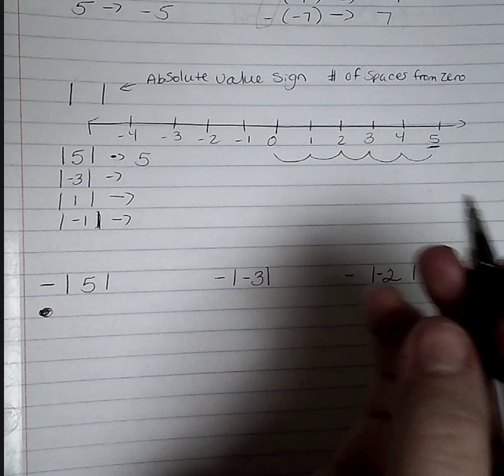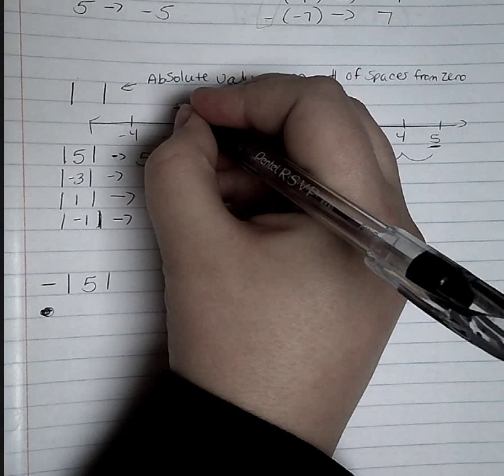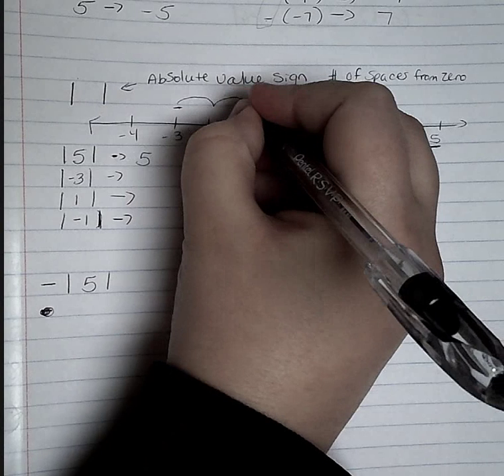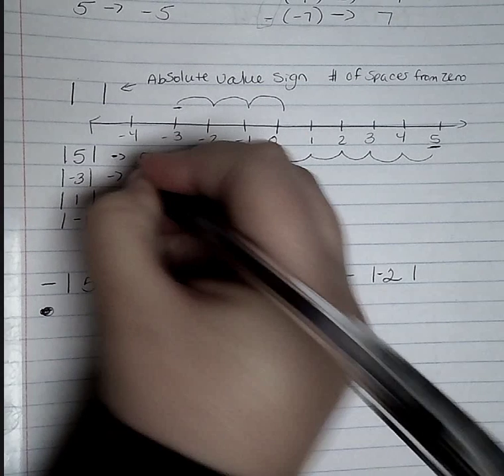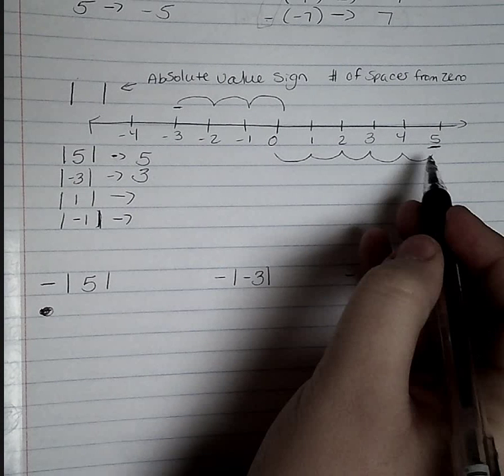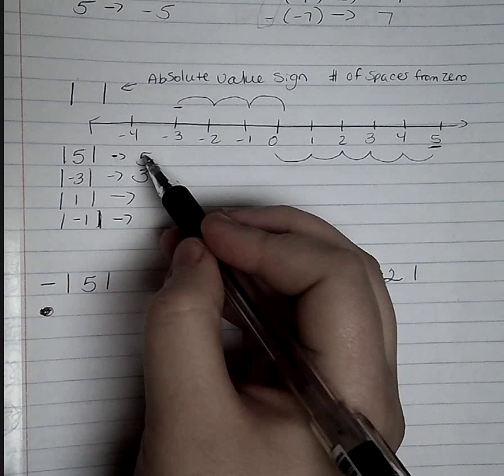So when we look at negative 3, it's 1, 2, 3 spaces from 0. So we're going to write 3. Notice how we went in different directions to 0 on the number line, but they're both still positive, okay?